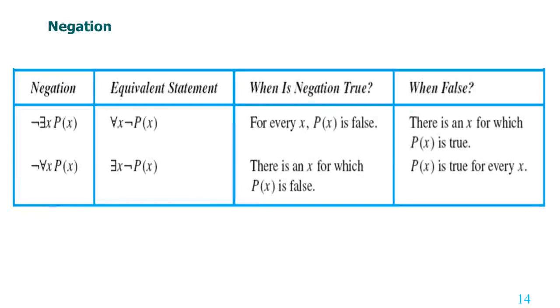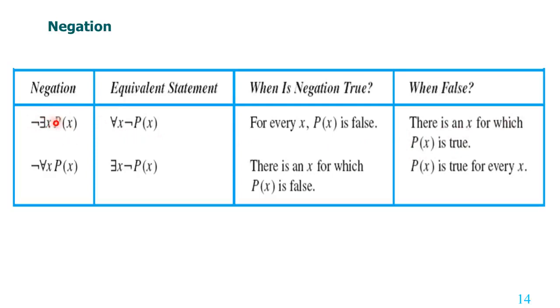Now negations. When we use the negation operator for there exists x P(x), it will be for all x not P(x). This is the equivalent statement. The negation is true when for every x, P(x) is false. When it is false, there is an x for which P(x) is true.